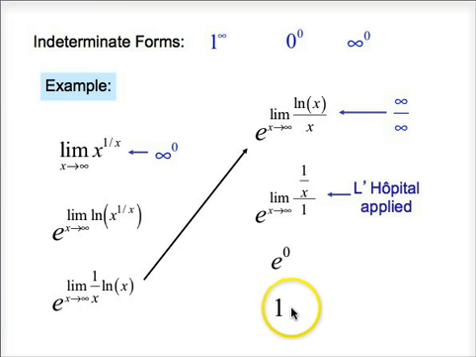So you can either do a natural log on both sides and then at the end raise both sides to the e, or you can, right here, take the natural log and the e at the same time. Whatever you think is easier.